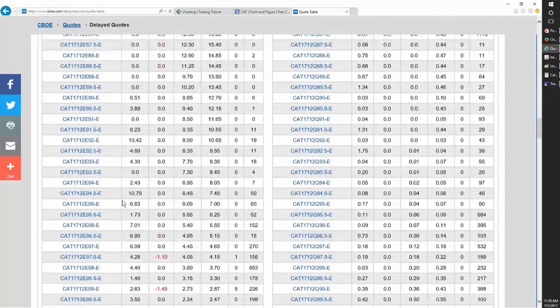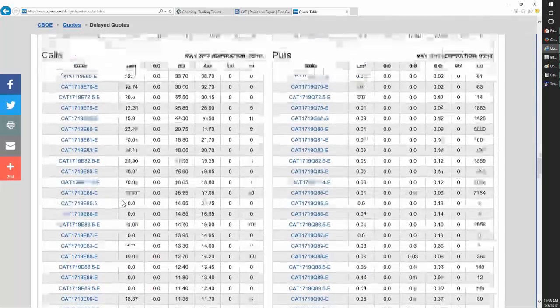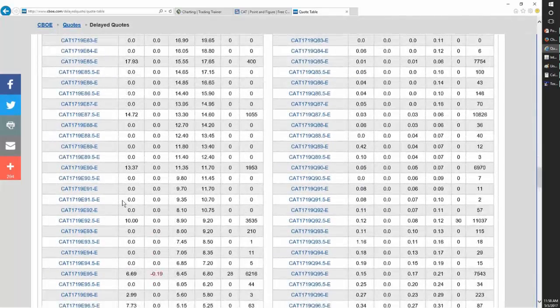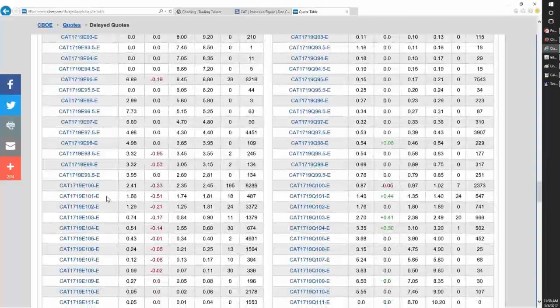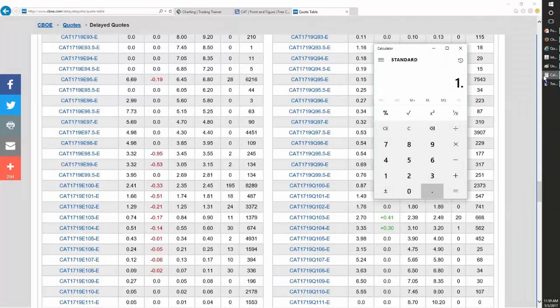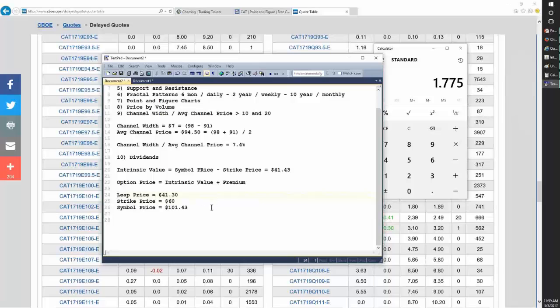Make sure we're using the May 19th. The May 101 is somewhere between 1.74 and 1.81 right now. About $1.77, $1.78. If I were to round up and put a limit sell order on there, I'd put $1.80.